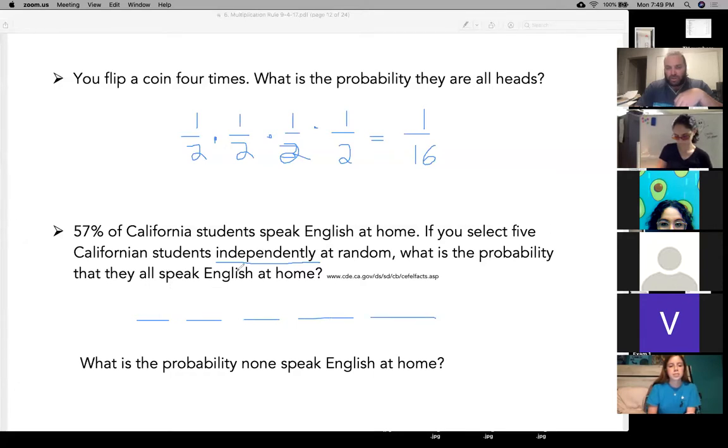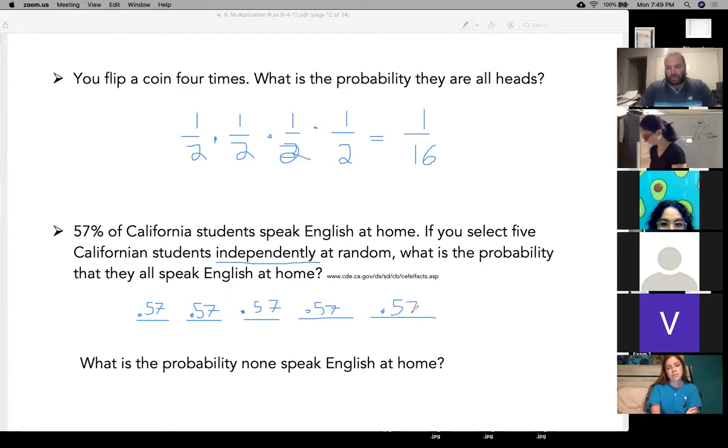The first student that I pick, what is the probability that they speak English at home? 0.57. I originally wrote these as fractions, but we'll keep it as a decimal. Second student, 0.57. Third student, 0.57. Fourth student, 0.57. Fifth student, 0.57. And then I multiply these all together and I get whatever I get.